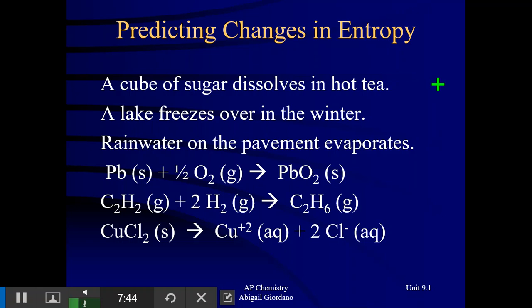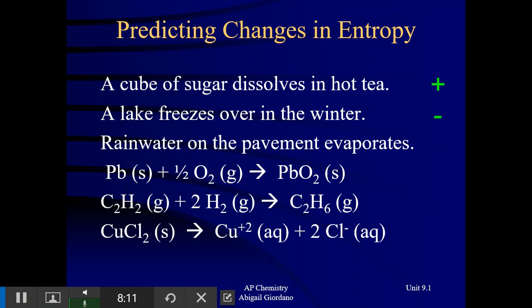The next one says a lake freezes over in the winter. Think about what phase change that is. Liquid to solid. Think about what we said in terms of entropy of solids and liquids. This is a situation where the particles are becoming more organized. So that's going to be a negative delta S.